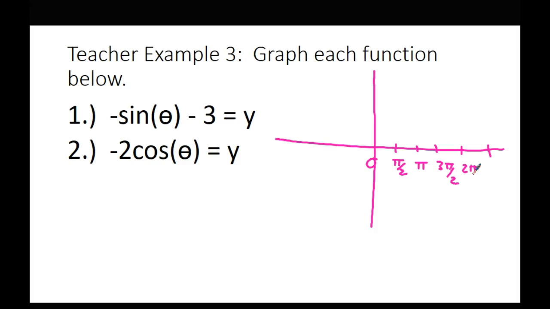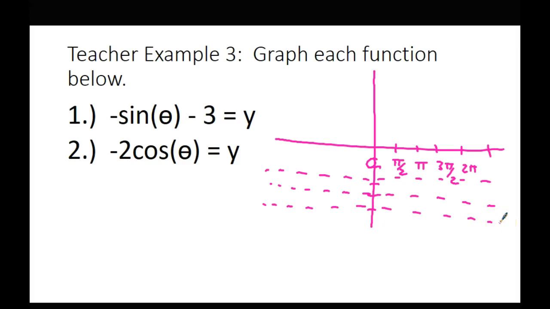I'm starting at, my midline is at what? Good. So let's draw a dotted line at -3. What's my amplitude? -1. So that, and we can ignore the sign here because it goes up and down, right? So I just need to go up 1. I missed my line there a little bit. And I also need to go down 1.